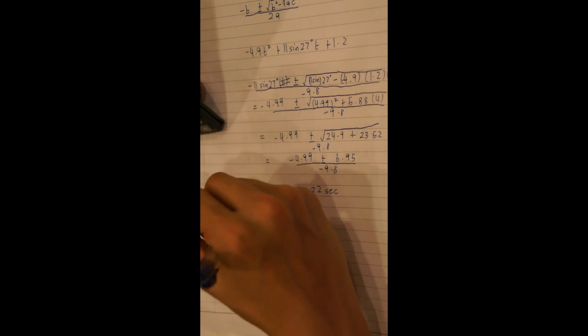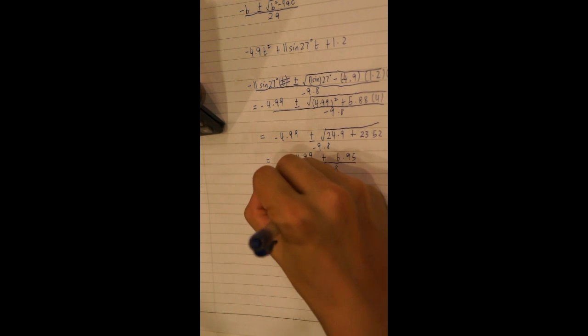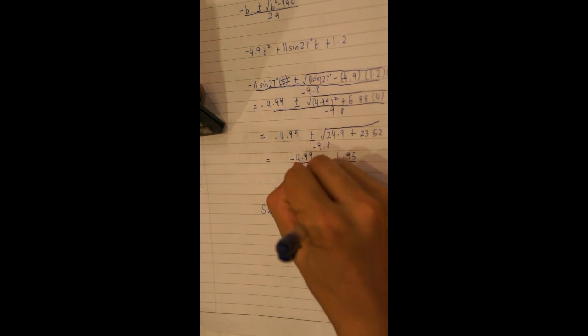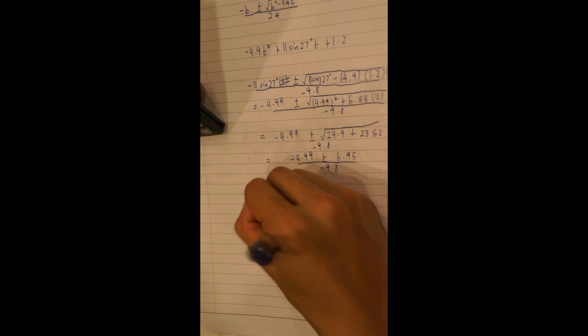Now to get the range is really simple. We'll take the equation distance of x equals ut plus half at squared, where u is the initial velocity of x, V naught x.